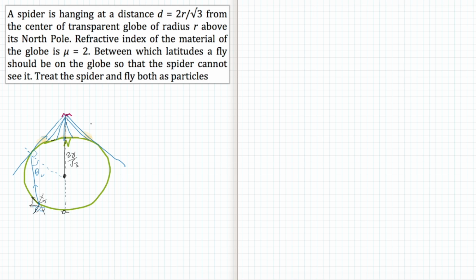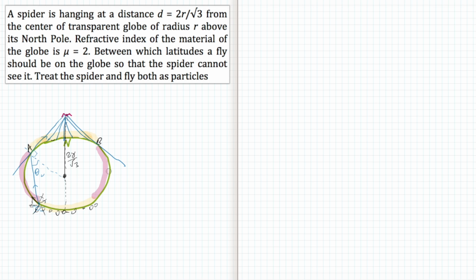Now for any position between this point and the symmetric point on the opposite end, the fly can be seen by the spider. So in all these positions, the spider can see the fly. And from position A to B, also the spider can see the fly. What is left is from B to this point and from A to this point.